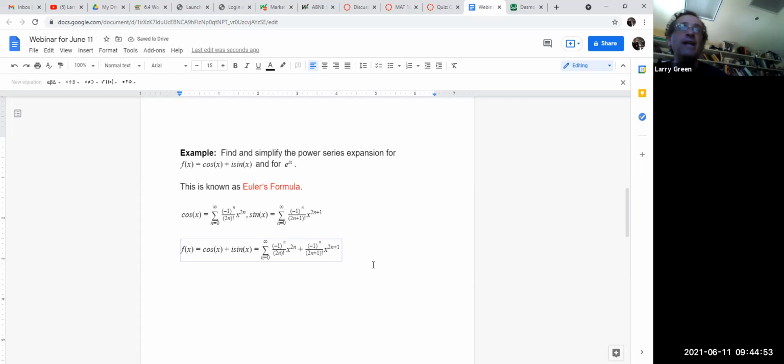I know it doesn't look great, but it's going to be good. I promise. Any questions on, and I need an i, sorry. So I'm going to throw an i right there. It's i times the sine of x. Any questions on finding the power series or the Maclaurin series for cosine of x plus i sine of x?